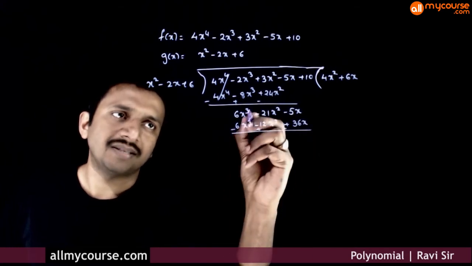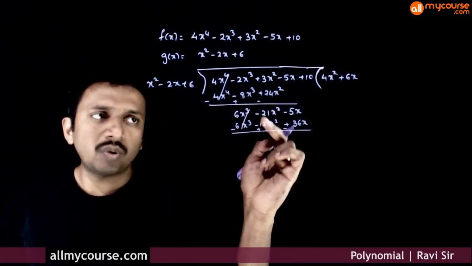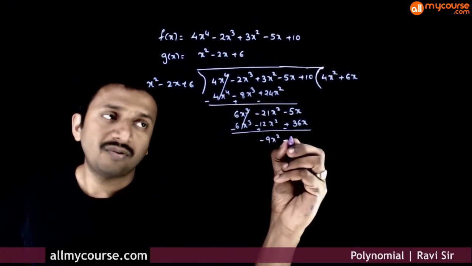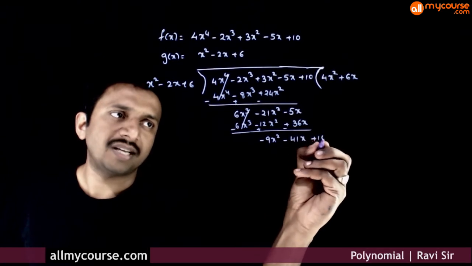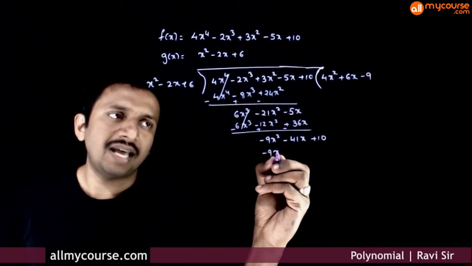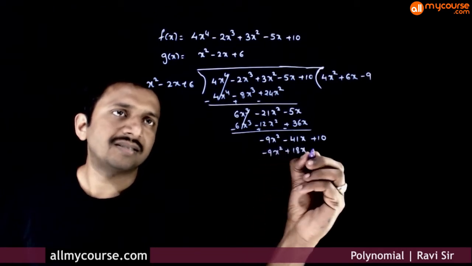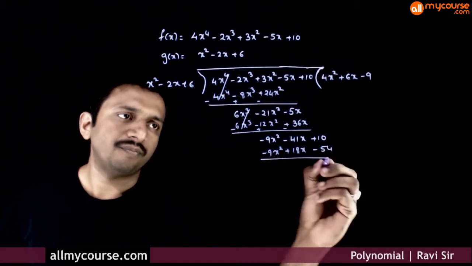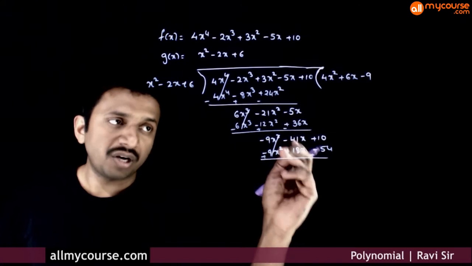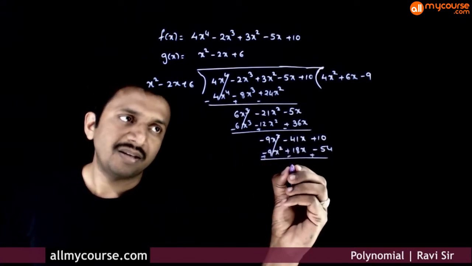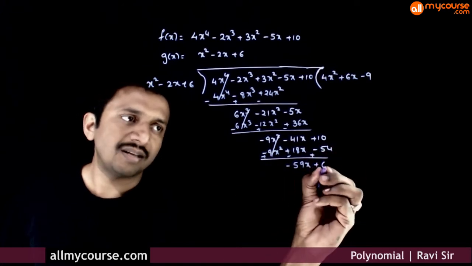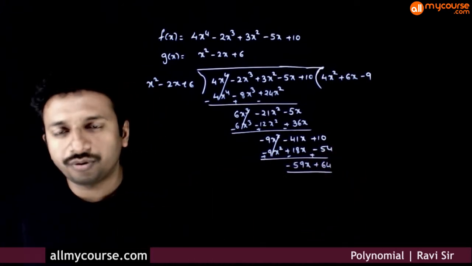So 12x square minus 21x square is minus 9x square, minus 41x plus 10. Then x square times minus 9 is minus 9x square plus 18x minus 54. So minus 41x minus 18x is minus 59x, and plus 10 plus 54 is plus 64.